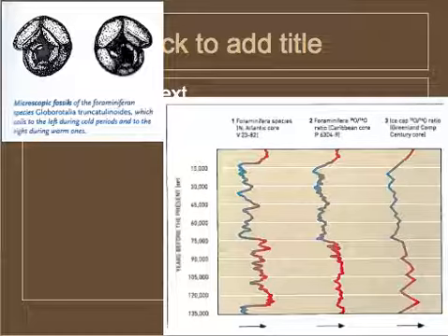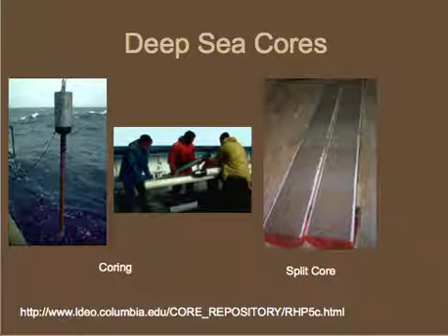Obviously, if the ocean was warmer, there probably would have been more precipitation, more rainfall because of more evaporation. If the ocean was colder, it probably led to drier conditions in the surrounding area, right? So this is very helpful for archaeologists.